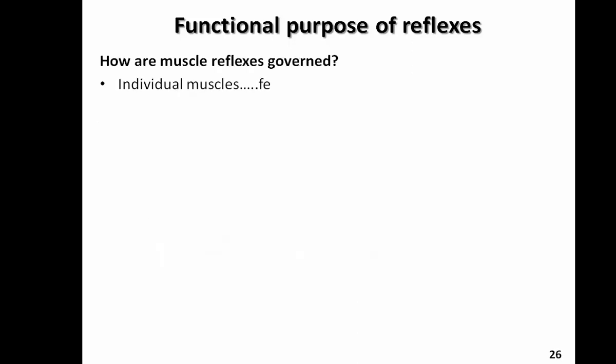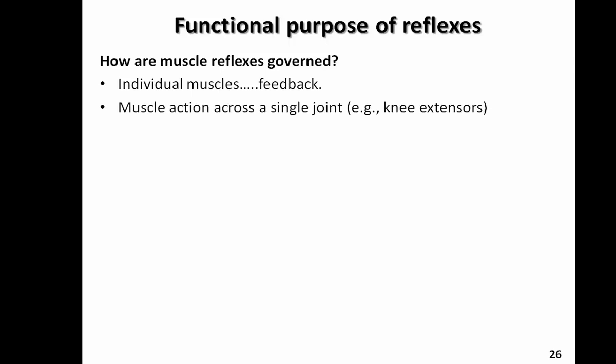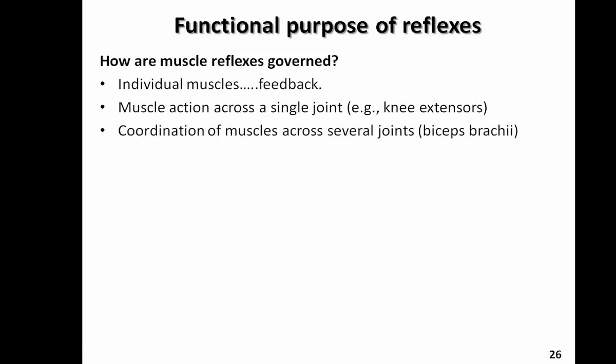And so reflexes are governed in part by individual muscles themselves. So the feedback coming from sensory receptors, so for example, muscle action across a single joint, such as the knee extensors, will be regulated by the afferent information coming back to the central nervous system, originating from the actual muscle, and that will actually help to coordinate muscles across several joints.